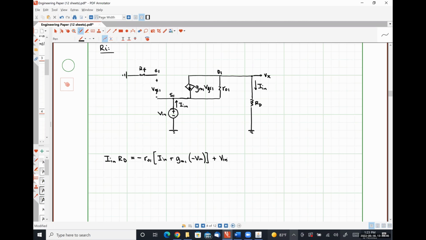So we have a factor of R01 times IN that we can move to the left-hand side. And then on the right-hand side, we're going to have VN plus GM1 R01 VN. Did I screw something up?